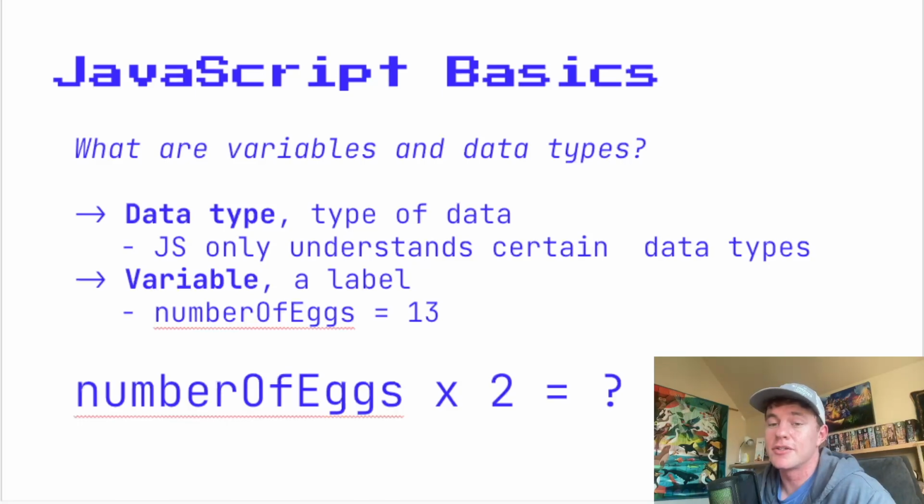Now, just to extend that train of thought a little bit, what happens if I write number of eggs times 2? What do you think that evaluates to? The answer is 26. We understand that the number value 13 is assigned to the variable number of eggs. And so when we use the variable number of eggs and then multiply it by 2, we can essentially think of that being as equal to 13 times 2 gives 26.